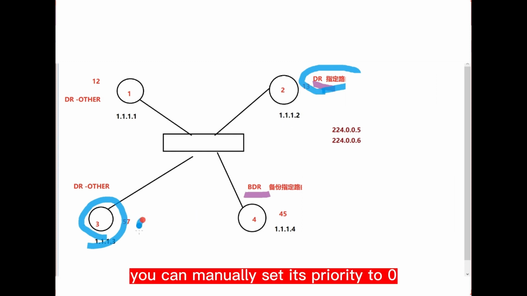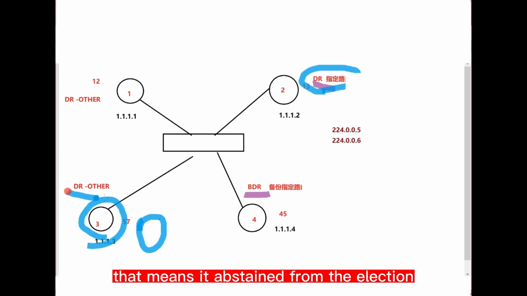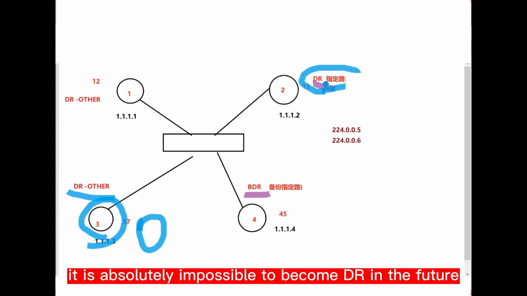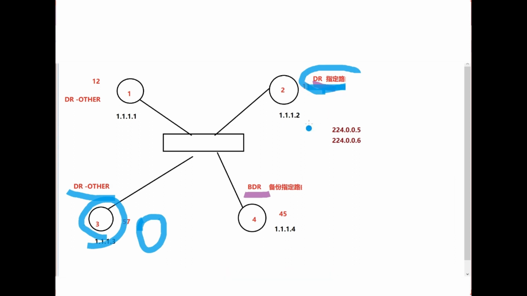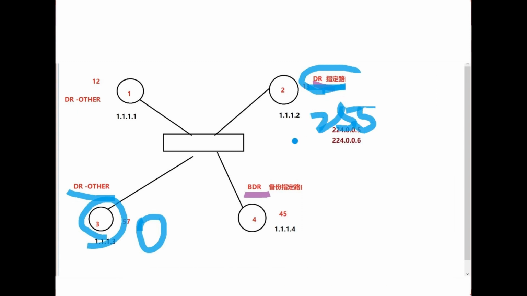You can manually set its priority to 0. That means it abstains from the election, and it is absolutely impossible for it to become DR in the future. If you want a device to be DR forever, you can change its priority to 255. Then it will always be DR.